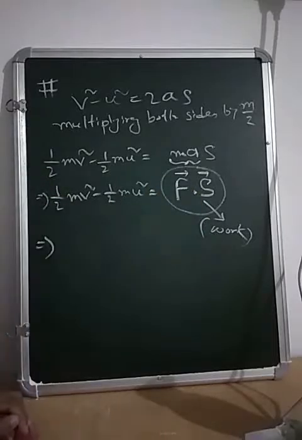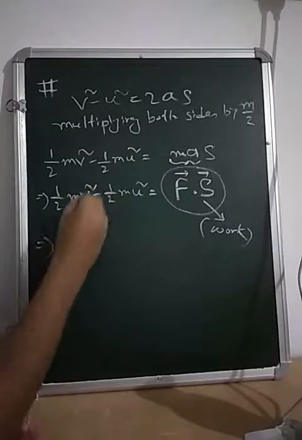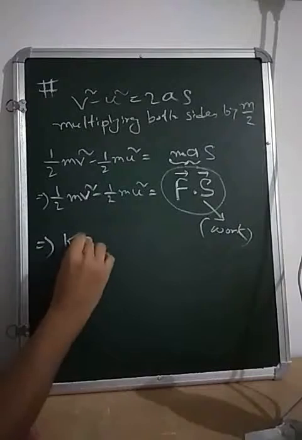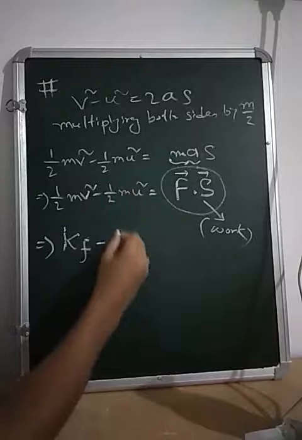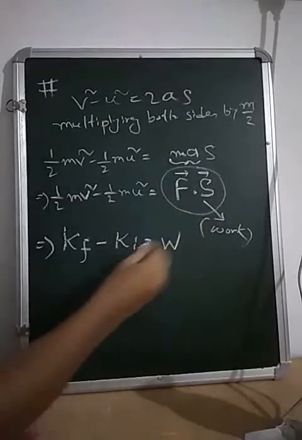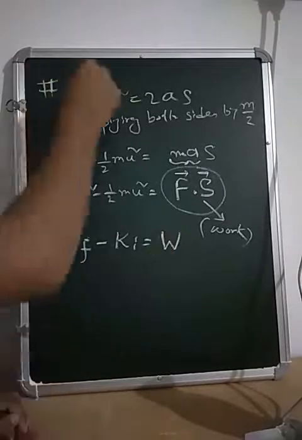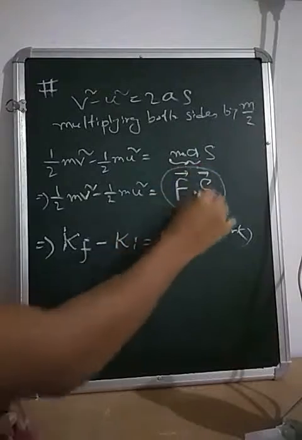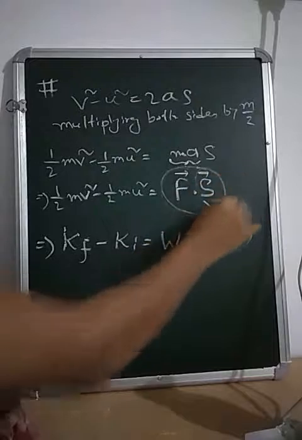See, half of m v square is nothing but the kinetic energy of the moving object. Since v is the final velocity, this is the final kinetic energy of this object of mass m, minus the initial kinetic energy, and F dot s is nothing but the work done on the body of mass m by force F in displacing that object a distance s.